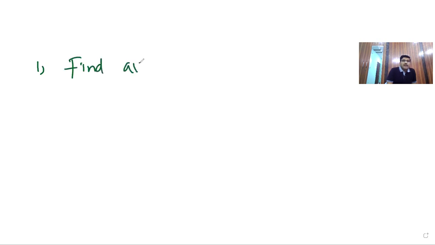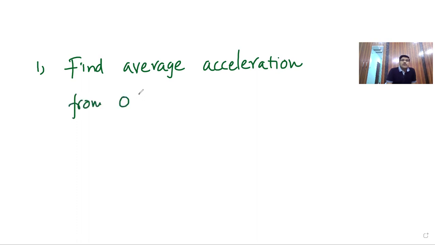Find average acceleration in between, that is from 0 to 3 seconds, if velocity is given as 2t square minus 4t.